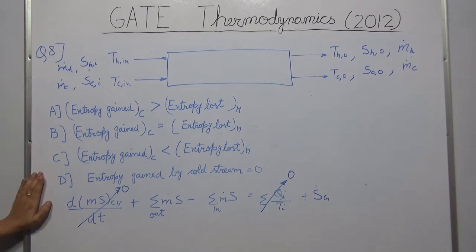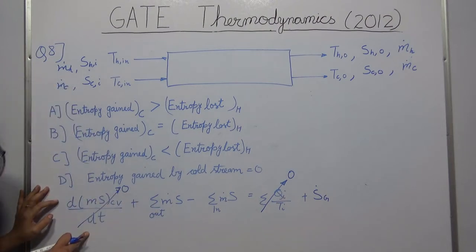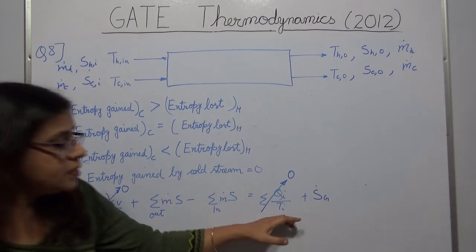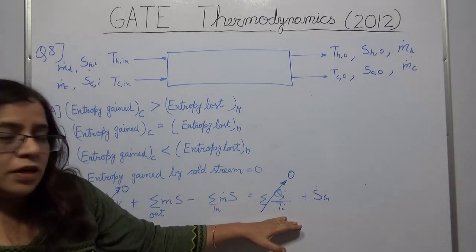Now they have asked which of these statements is true. For this problem we are going to use our entropy balance. I have written that for you. Further I have simplified it: for steady state this term will be 0, any change with time will be 0. This term gives you the entropy change of the surrounding.